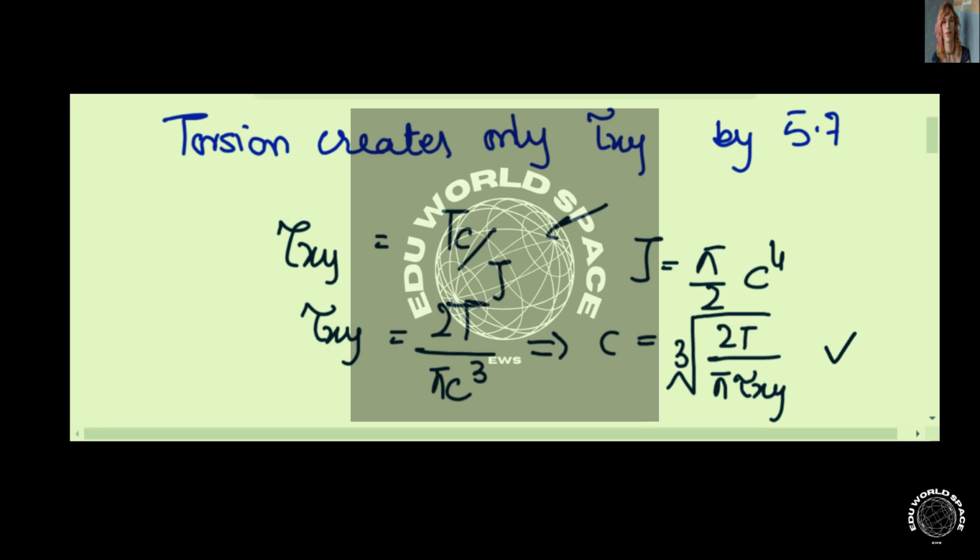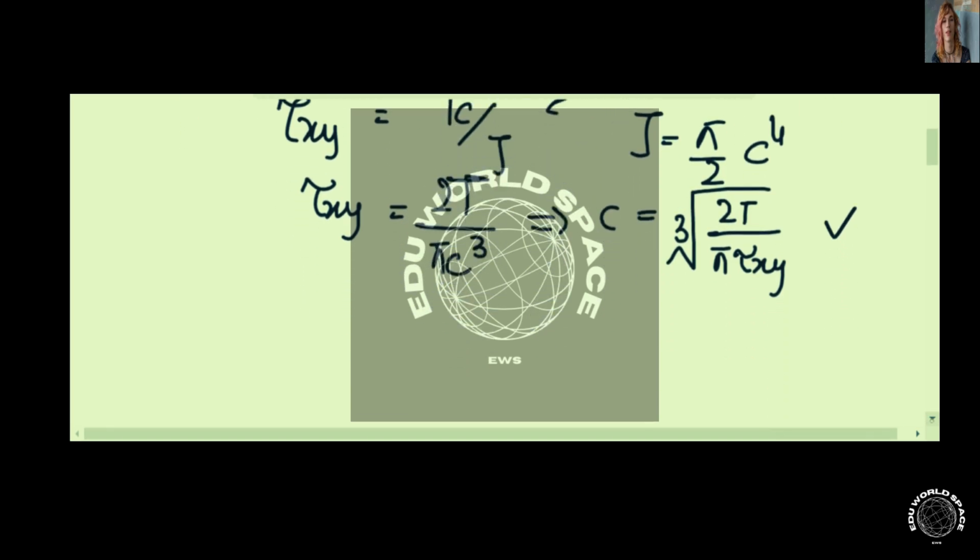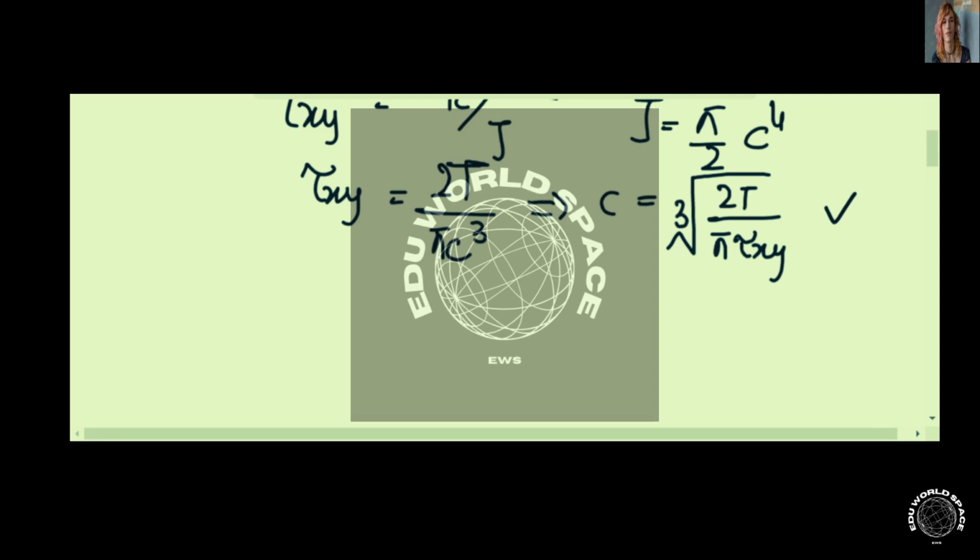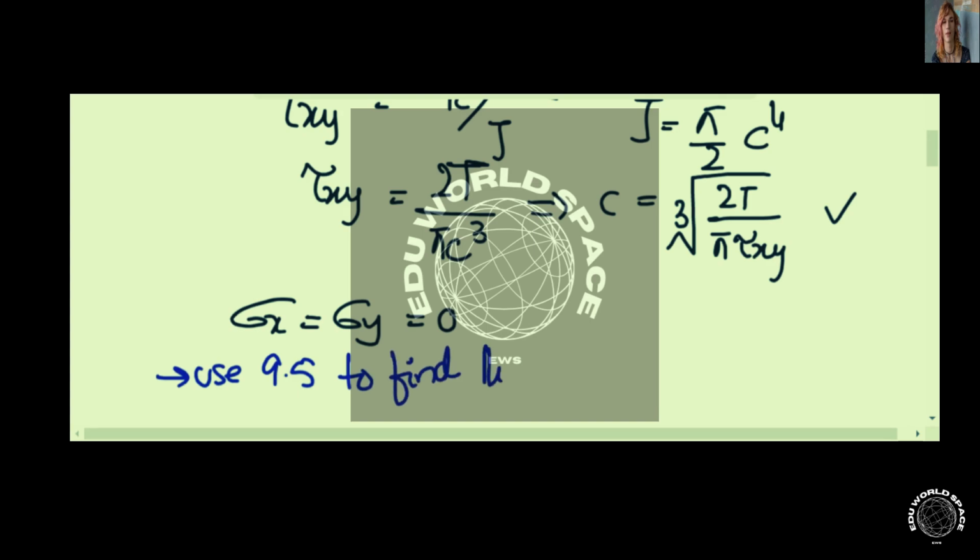And since we only have torsion, the only stress is the shear stress, meaning that the stress in the x and y directions is equal to 0. Now we're going to use equation 9.5 to find the principal stresses.